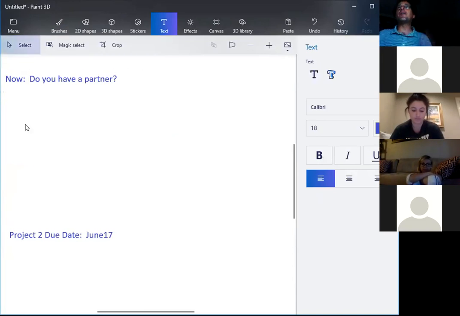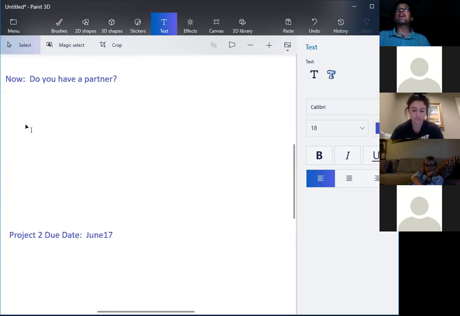Do you have a partner? If you don't have a partner, you should get a partner. And there's already one person that posted on the Project 2 discussion board saying, I need a partner. And I noticed that a few people from last week's post said they wish they had a partner. So maybe those people can get together and become a partnership of 3 or something like that.